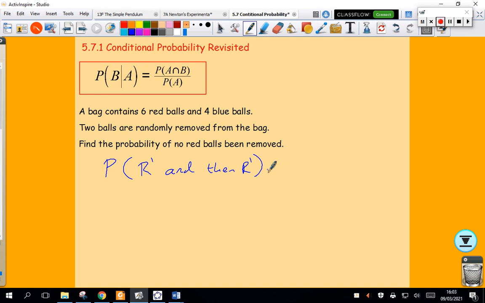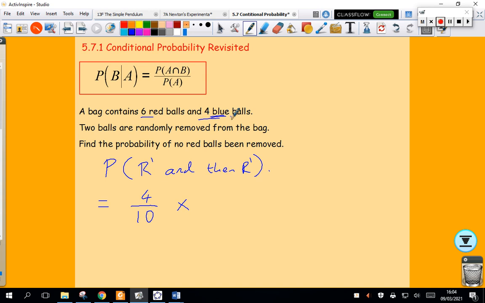That's going to be the probability that the first is non-red multiplied by the probability that the second is non-red, given that the first was non-red. There are 10 balls altogether, so my total possible outcomes is 10. The probability that the first is non-red is 4 out of 10, that means we're talking about blue balls here.